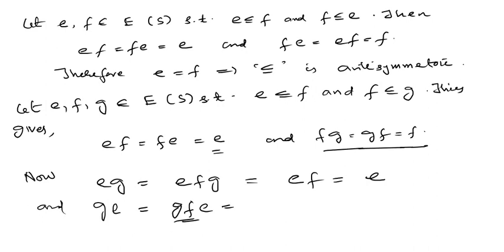It's equal to F, so FE is equal to E. So EG is equal to GE is equal to E, which implies that E is related to G, E is less or equal to G.